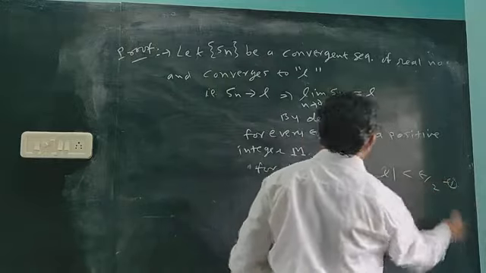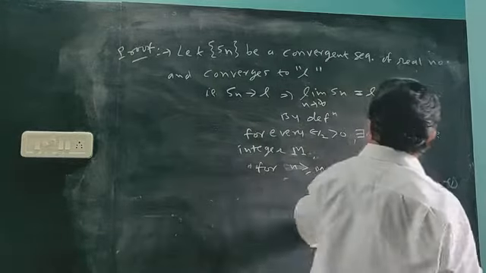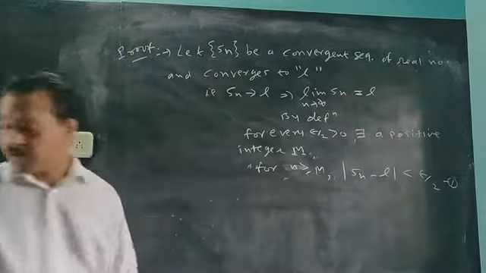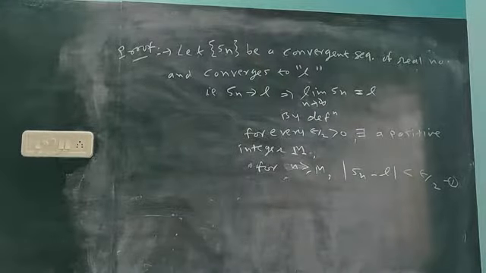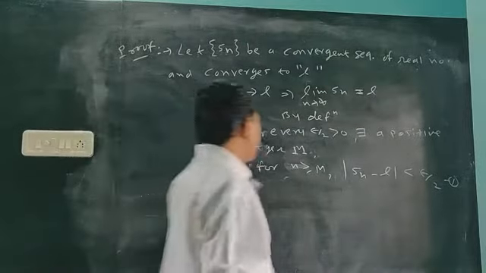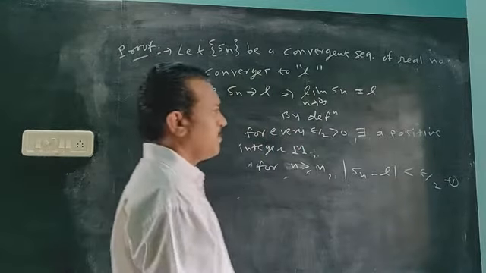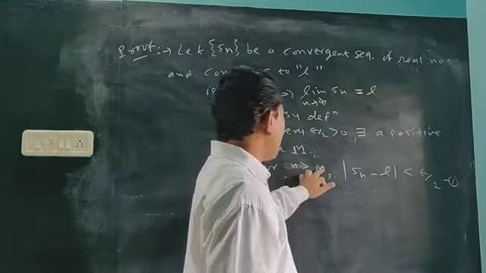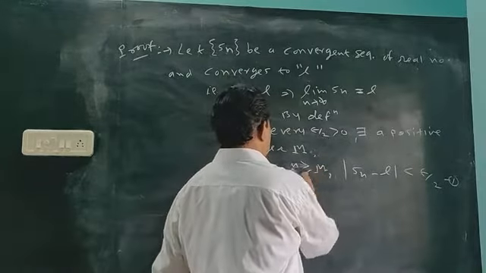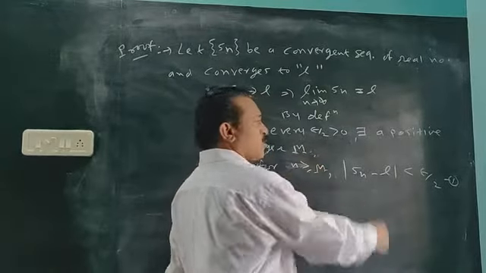I take epsilon by 2 twice, and epsilon by 2 plus epsilon by 2 will be epsilon. So for n greater than N, we have mod of Sn minus L less than epsilon by 2. This is not only one n, but many n's.